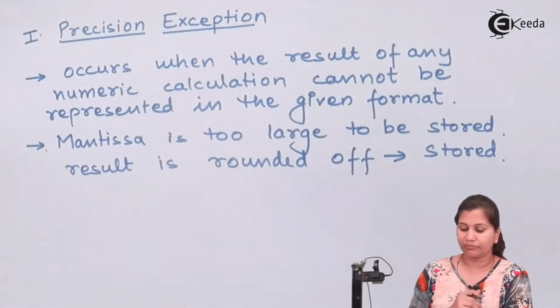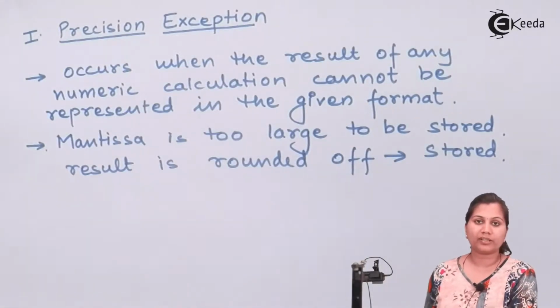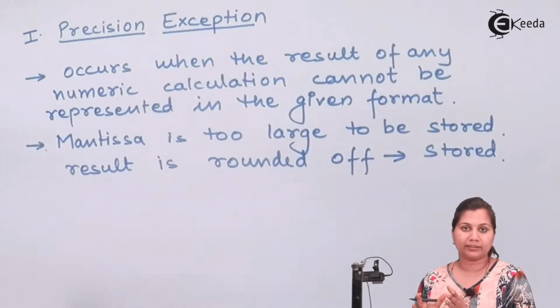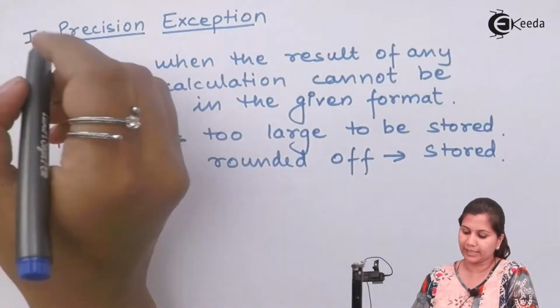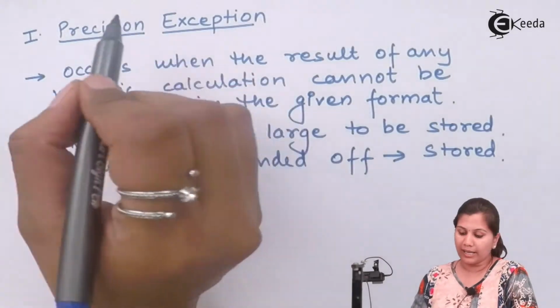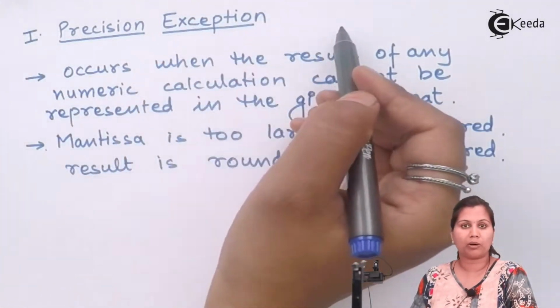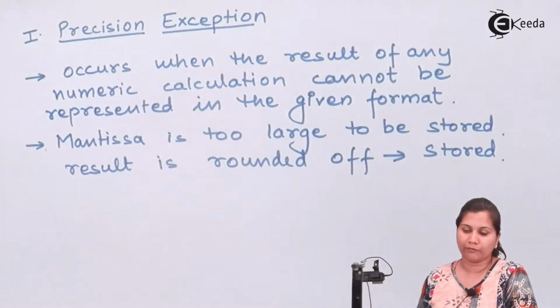So in any case, whenever the result cannot be stored or represented in the given format, this error is going to occur. And how will the 8087 get to know? The corresponding bit will be set to 1.